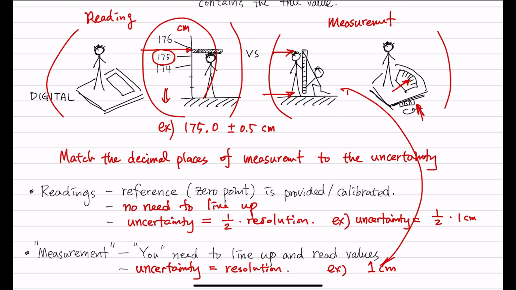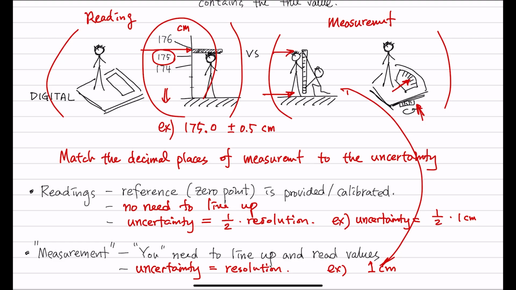So what I mean is, it's like 175. That's the value you got, and you had 0.5 as your uncertainty. Then, technically speaking, this is wrong. It has to be 0.0.